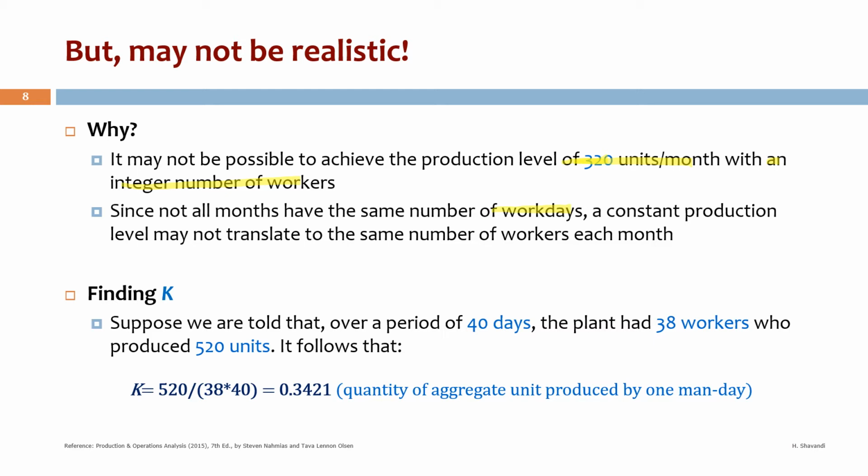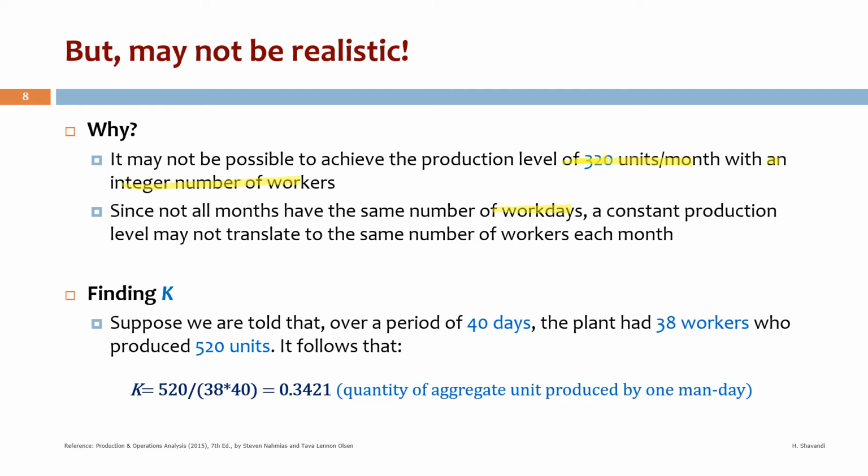So having a constant production level per month doesn't mean that we'll have a constant level of workers, right? The level strategy with a constant production level doesn't necessarily mean a constant level of employees.